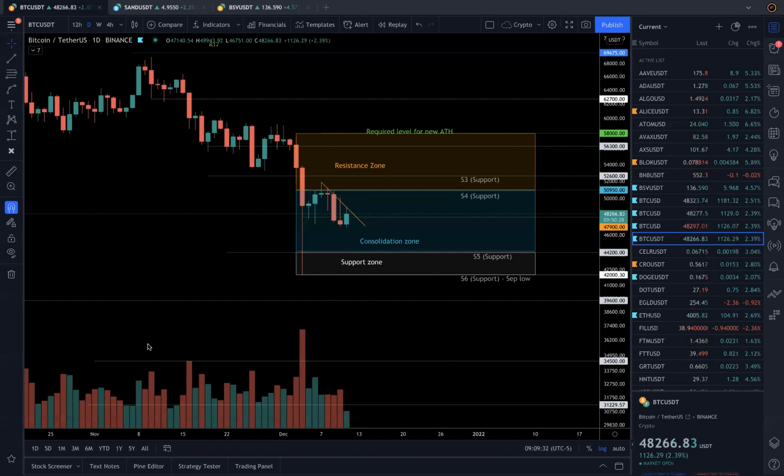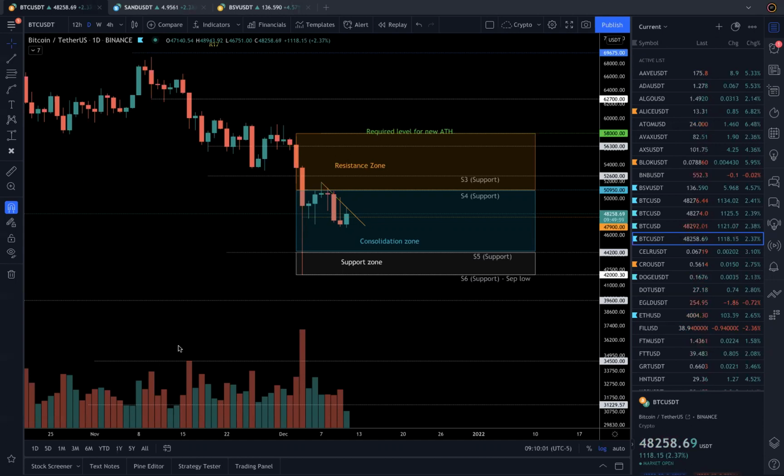Somebody might see a channel, somebody might see some other pattern, and so on. So I'm trying to depict different patterns and technical aspects. It gives different perspectives, but the outcome is not going to be different. The interpretation of overall direction is not going to be different.